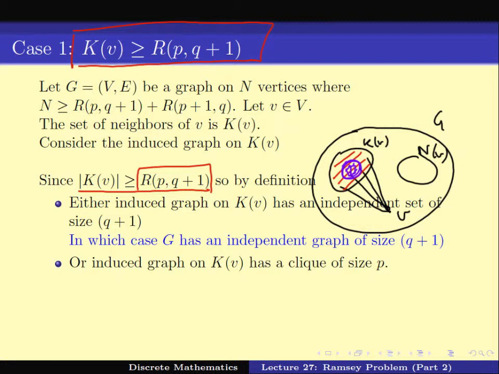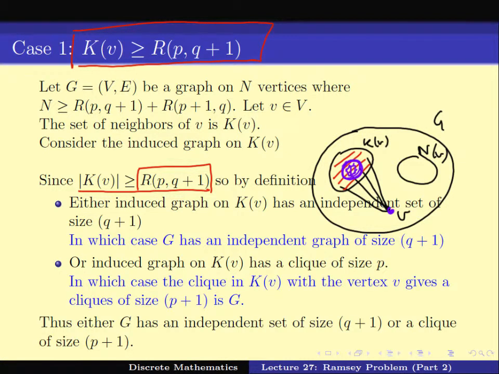Now if this is a size p set, consider this set and this vertex v. Then this blue set plus this vertex v gives a set of size p+1, and it is a clique, because first of all any two vertices in this clique have an edge, and since all the vertices are a subset of kV, which are neighbors of v, between v and any other vertex there is an edge.